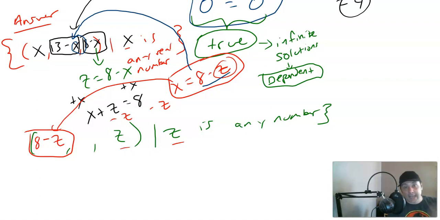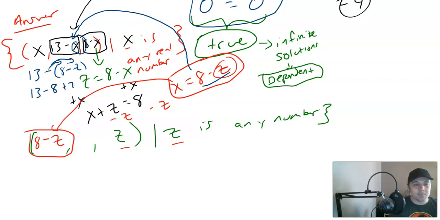So I'm going to get 13 minus, be careful with the minus sign, 8 minus z. And then we distribute the negative sign to both of those. So we get 13 minus 8 plus z, which gives me 5 plus z as my y coordinate. And that's the y coordinate in terms of the z variable now.